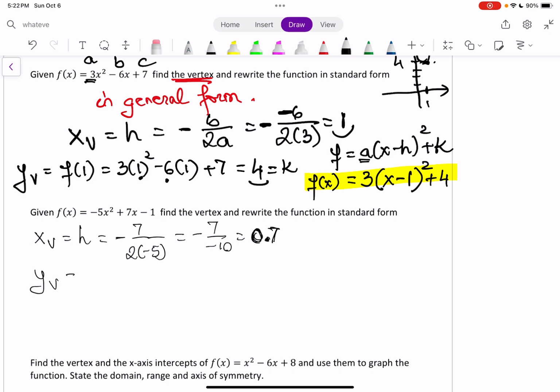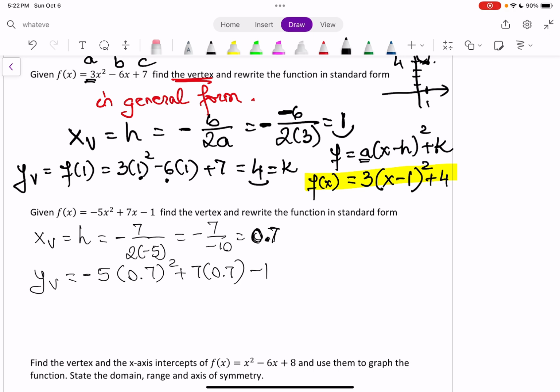The y-coordinate of the vertex is negative 5 times 0.7 squared plus 7 times 0.7 minus 1. This is why I have this written as a decimal, because it makes it easier to enter in the calculator. So I have negative 5 times 0.7 squared plus 7 times 0.7 and then minus 1.